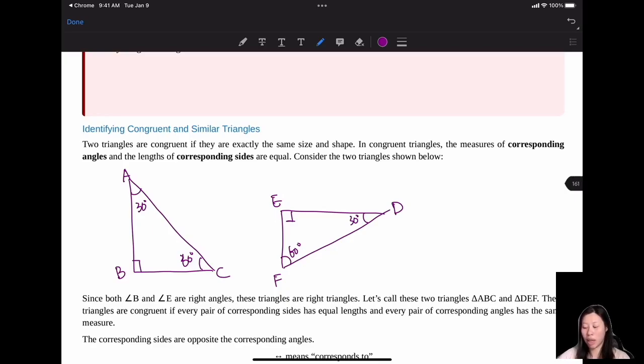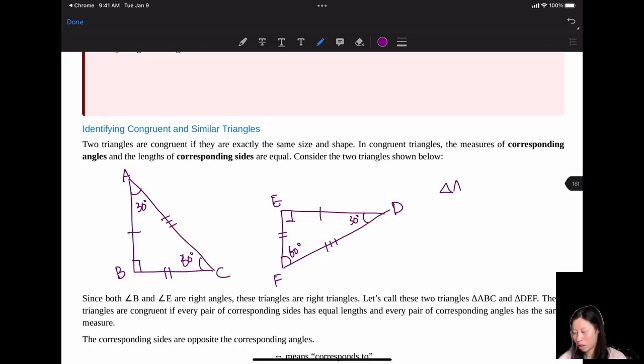So now I claim AB equals DE and BC equals EF, and then AC equals DF. Then I can say, hey, these two triangles are congruent.